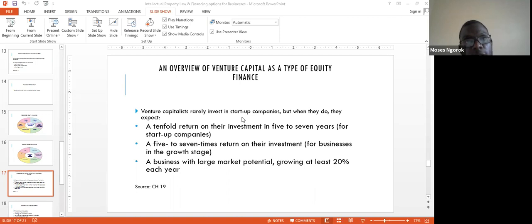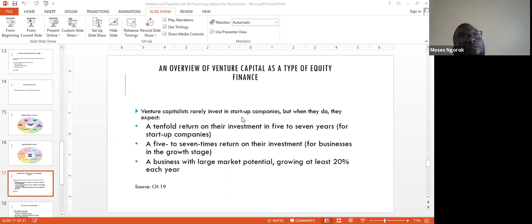They usually are interested in businesses that already have a large market potential, which are already growing at 20% per year, which therefore means that venture capitalists do not ordinarily fund businesses that need startup capital.